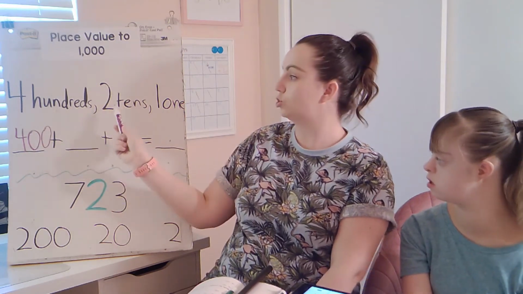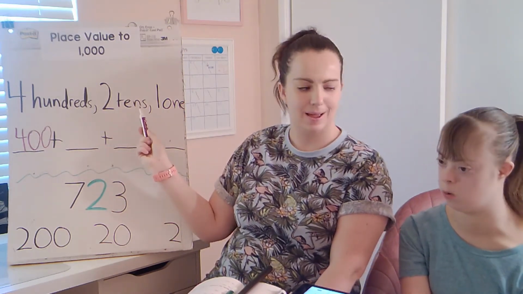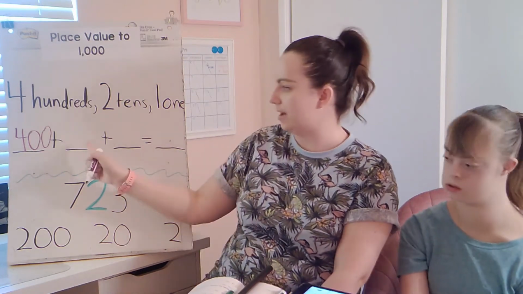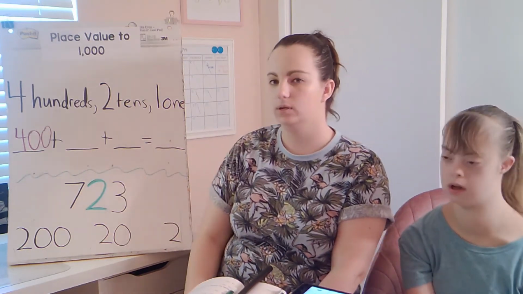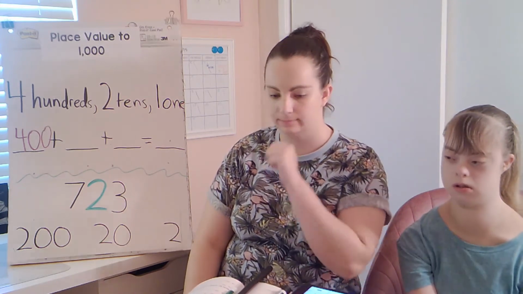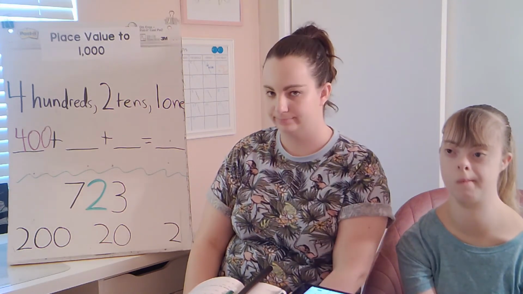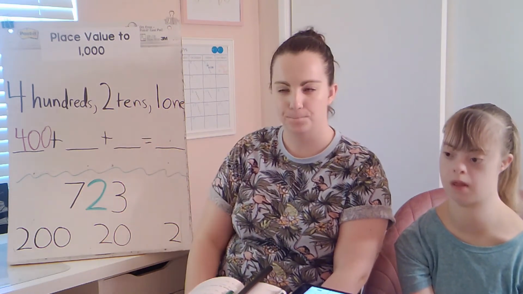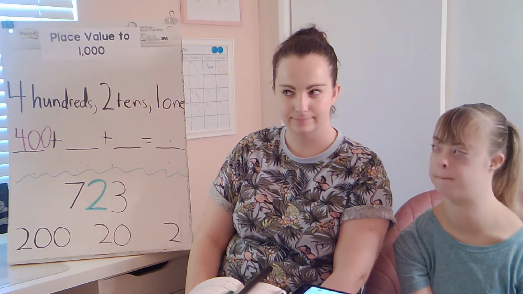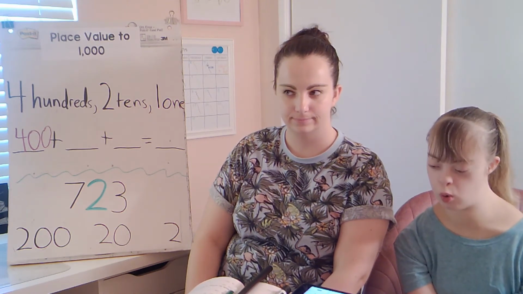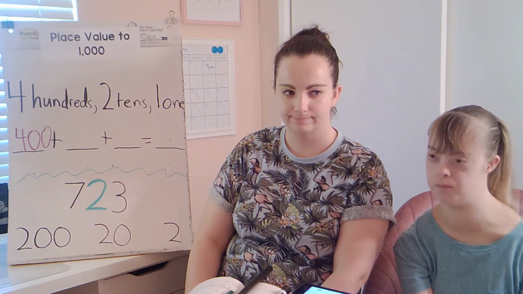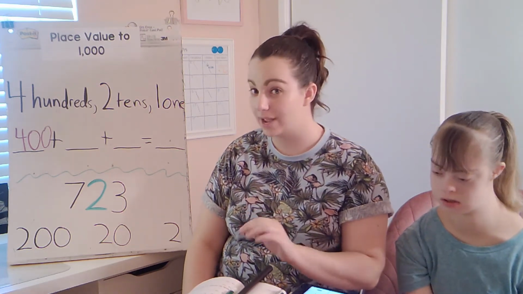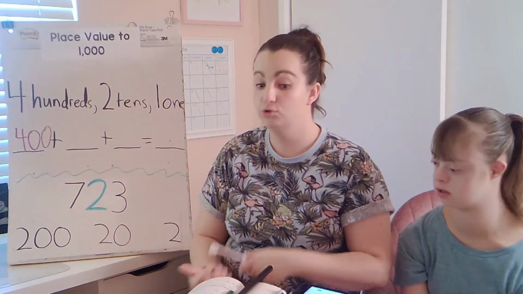Then 2 tens. I want you to think about how would we write that in the next spot. 2 tens. Give you some think time. How do you write 2 tens there? Okay, pause this if you need to, but let's go ahead, check your answer. 2 tens.